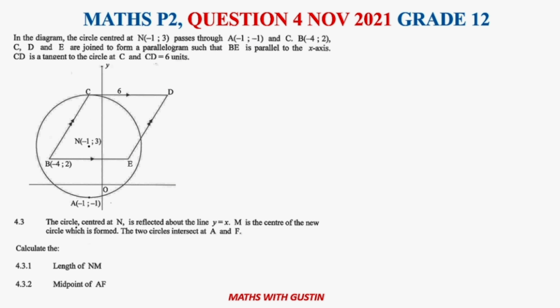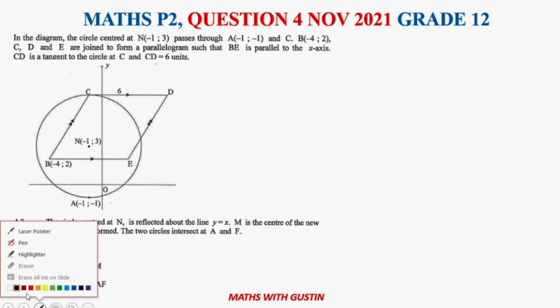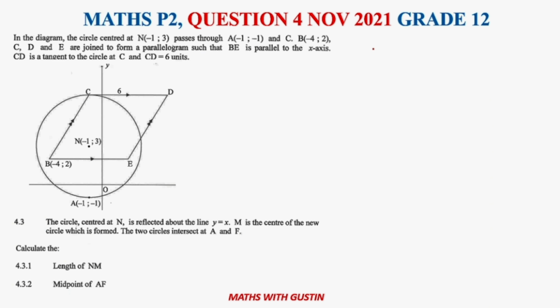Great stuff. Let's deal with this one. 4.3 says the circle centered at N is reflected about the line y equals x.